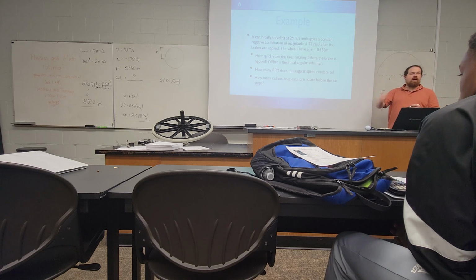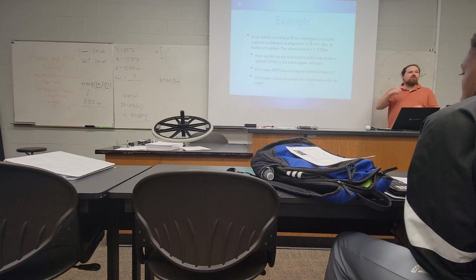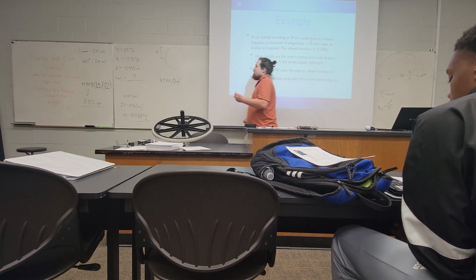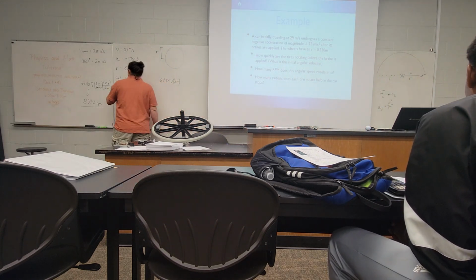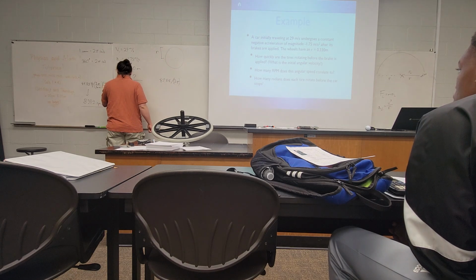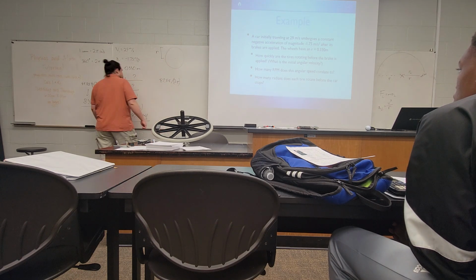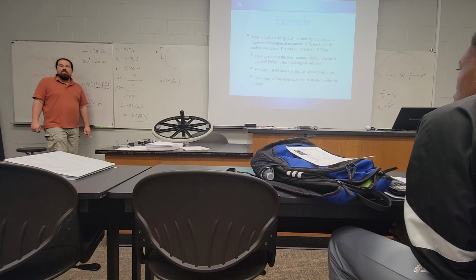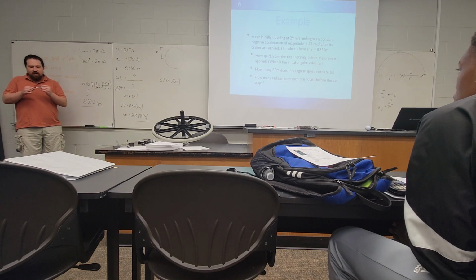So at this point we are hitting the brakes, and we want to know how many times the wheel spins as we slow down. Which, within your formulas, is delta theta. That is the magnitude of angular displacement as the car physically slows down.